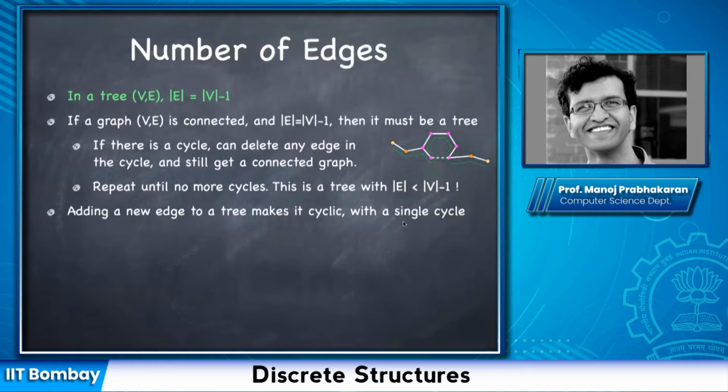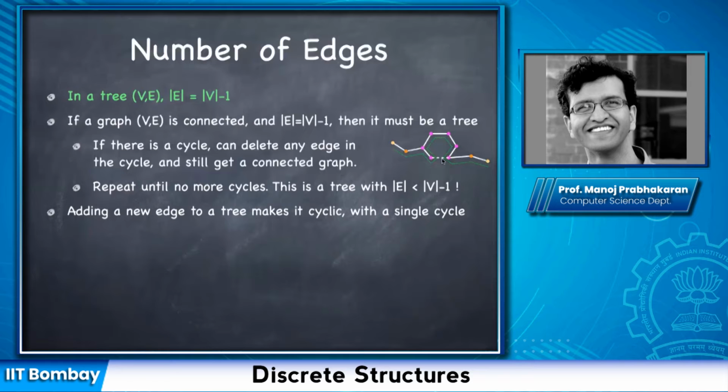Adding an edge could in principle create a lot of cycles. There could be a lot of cycles that can use a newly created edge. But if I'm adding this edge to something that was a tree, something which didn't already have any cycles, then I could have introduced at most one cycle. One way to think about it is, suppose I introduce two different cycles, and there is at least one edge which is present in one cycle and not in the other cycle, and then I delete that edge.